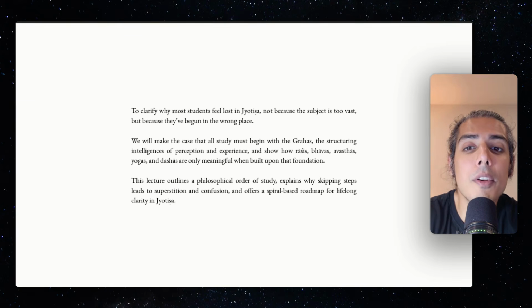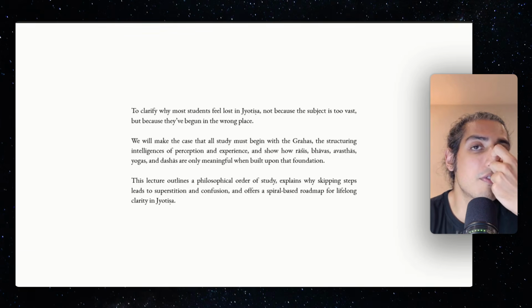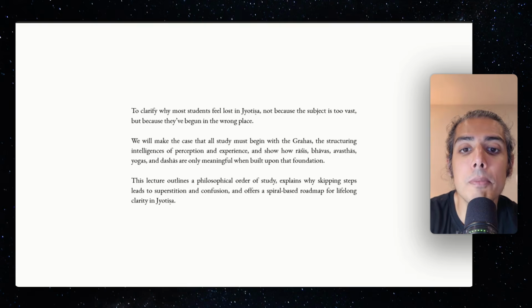We will make the case that all study must begin with the grahas, the structuring intelligence of perception and experience, and show how rāśis, bhāvas, avasthās, yogas, dashās are only meaningful when built upon that foundation. So, this lecture outlines the philosophical order of study, explains why skipping steps leads to superstition and confusion, and offers a spiral based roadmap for lifelong clarity in Jyotish.